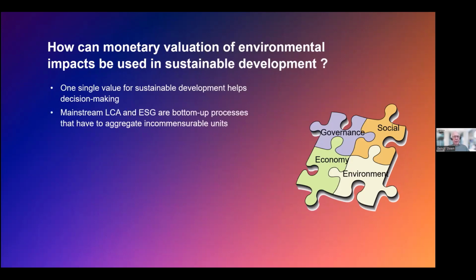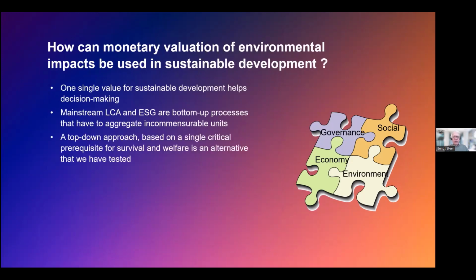As you know, mainstream LCA and ESG are bottom-up processes that have to aggregate a lot of incommensurable units. You start from the bottom and you get apples and pears, and you have to aggregate that, and that's a problem. We have tried a top-down approach based on a single critical prerequisite for survival and welfare.